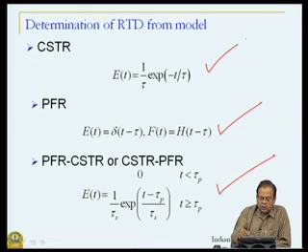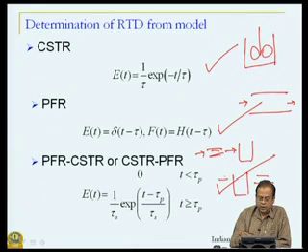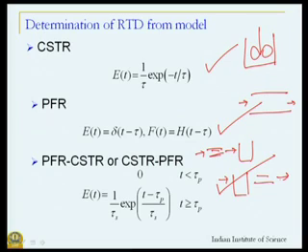So, whether a reactor behaves like a single stirred tank reactor, or like a plug flow reactor, or like a plug flow followed by CSTR or CSTR followed by plug flow reactor, we have different residence time distributions. In fact, the PFR-CSTR or CSTR-PFR combination gives us the same residence time distribution, but it is different from what we have for these two kinds of reactors.